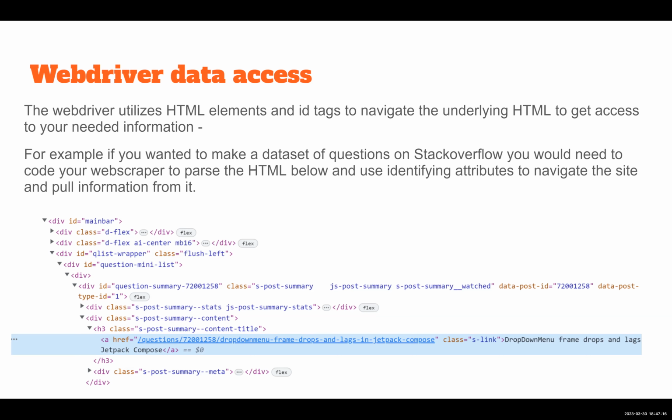To deal with those, web drivers help out a bit, where you can try to identify similar elements. You can use regex essentially to identify the type of data you can expect to see. That helps, but there's no set solution.